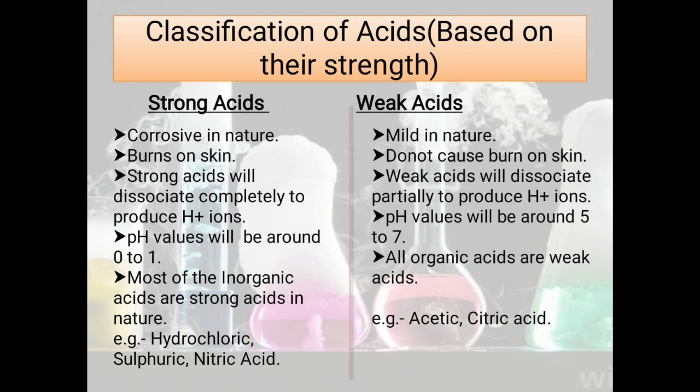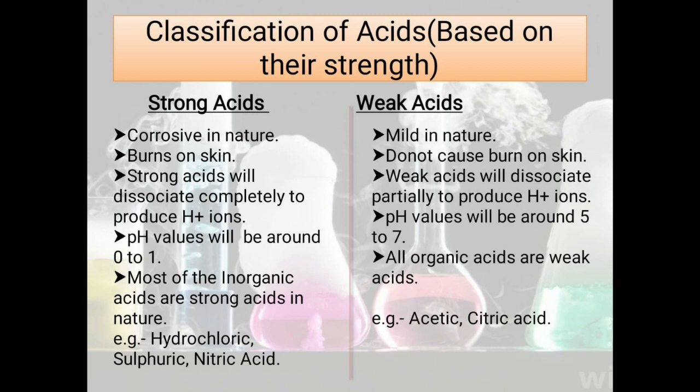Acids can also be classified based on their strength. Those acids that dissociate completely to produce hydrogen ions, potent and corrosive in nature, bear the tendency to burn our skin or the surface on which it falls and have a pH value around 0 to 1, make an acid strong in nature.